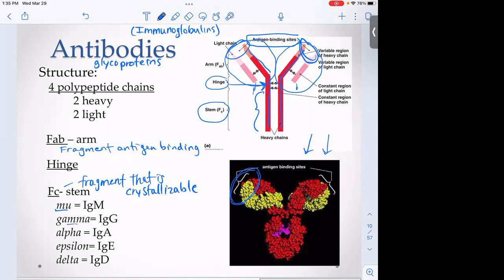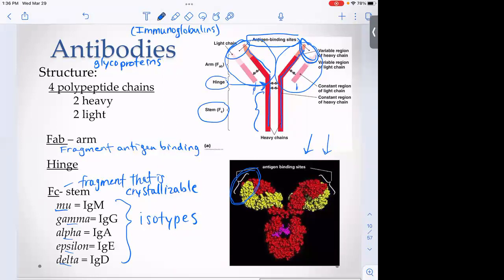So the mu, the gamma, the alpha, the epsilon, the delta. When the mu region is transcribed, that makes an IgM antibody. These are the different isotypes of antibody, and what isotype they are depends on that stem region. That's really where some of the function of the antibody is located.